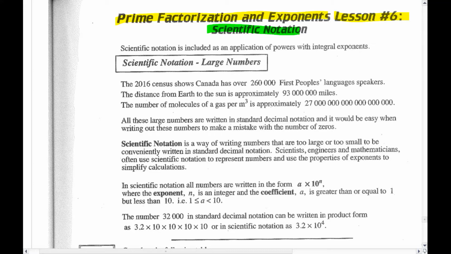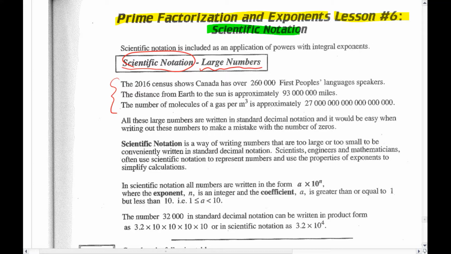So let's begin. Scientific notation, looking at large numbers. Oftentimes in science, we end up using really big numbers or really small numbers, and it's a bit of a pain to write them normally. For example, the 2016 census shows that Canada has over 260,000 First Peoples language speakers.